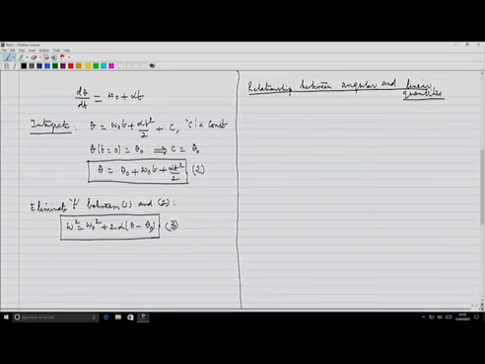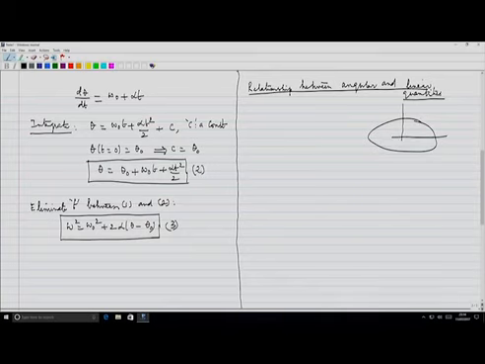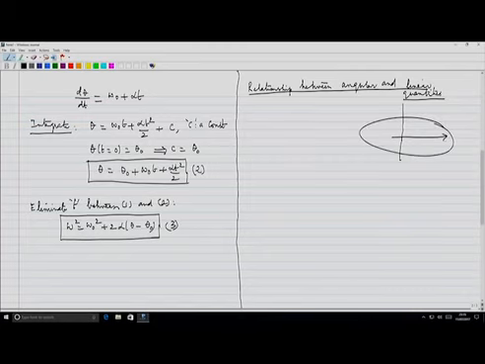We have an object which is going around, with the x-axis and y-axis. I consider the circular motion of a particle. This is r, this is theta, and this is the linear velocity v. We have the standard thing, v is r omega.